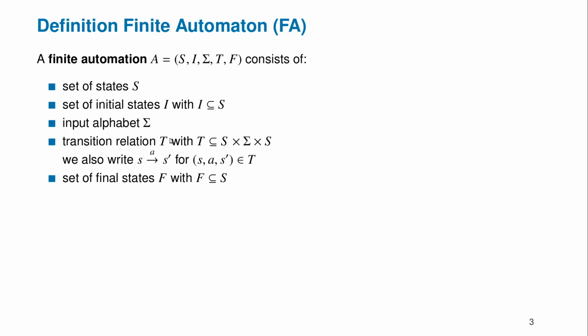And the transition relation is a set of triples built from a state, an element of the alphabet, and another state. So we have the source state, the symbol of the transition, and the target state.